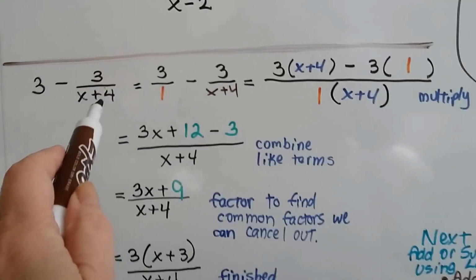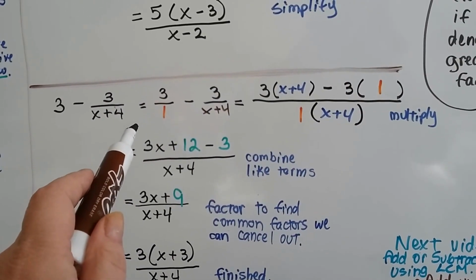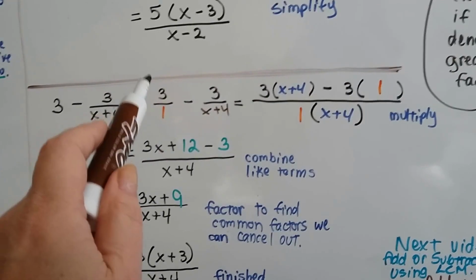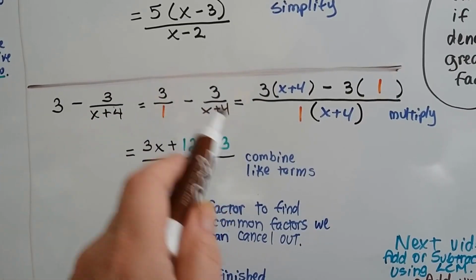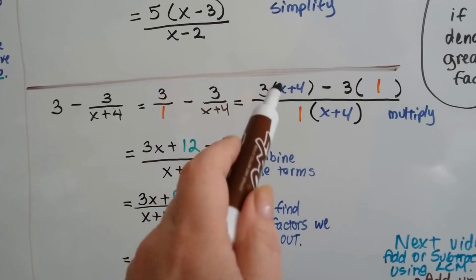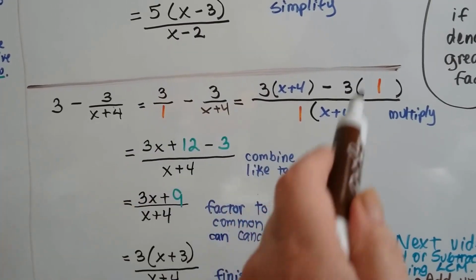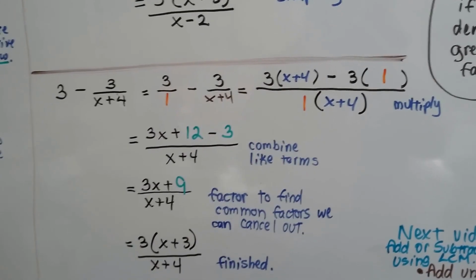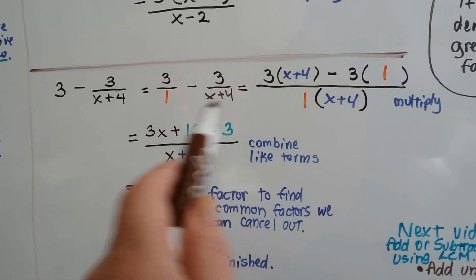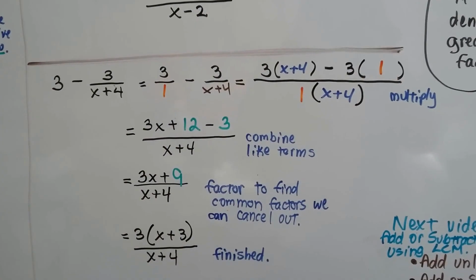All right. Now what we need to do is rewrite it using our pattern. So we do 3 times x plus 4, crossing this way, right here, minus 3 times 1, right? And the whole thing is going to be over 1 times x plus 4, all right?